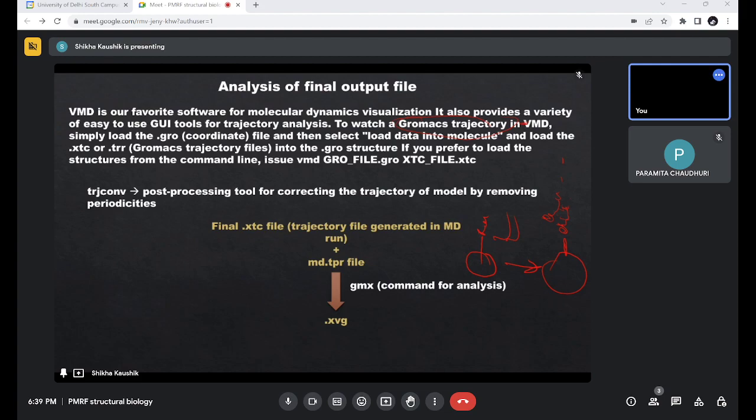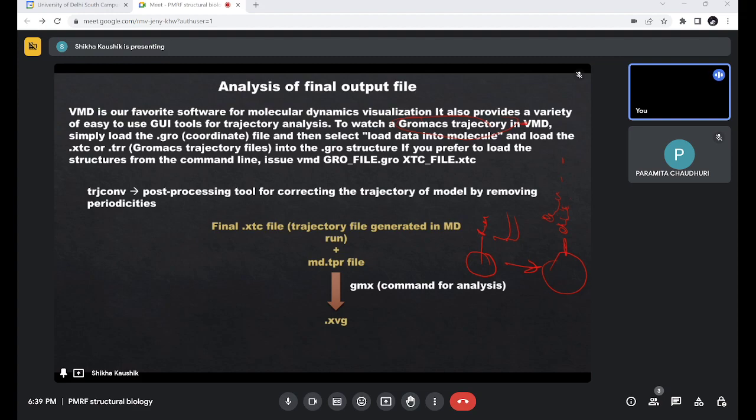So in the analysis part, you have different aspects that you need to understand, different mathematical calculations that you have to do to understand whether you have achieved the real scenario, whether your model is near to the realistic model.